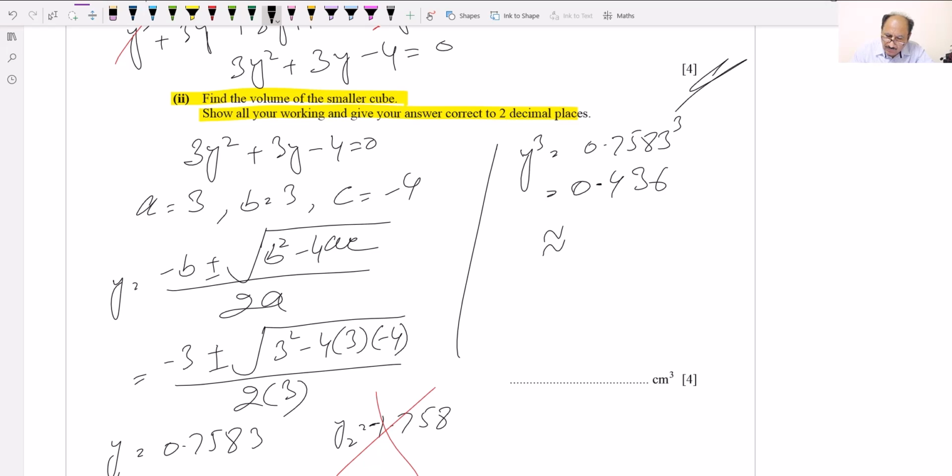Up to 2 dp it will be 0.44, so 0.44 centimeter cubed is the final answer for 4 marks. We are done with the paper.